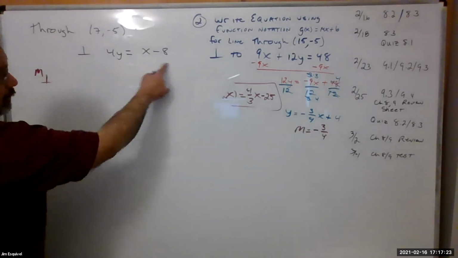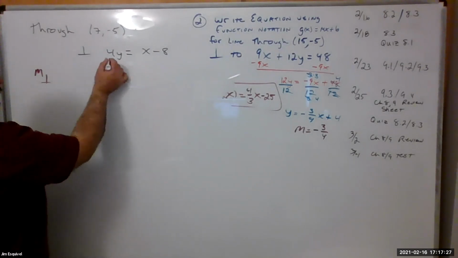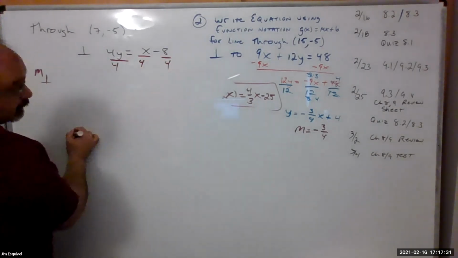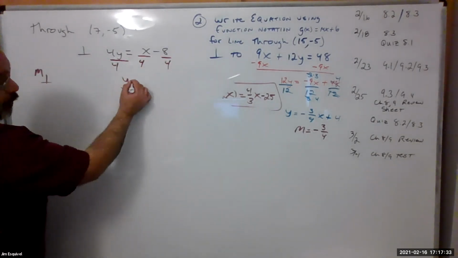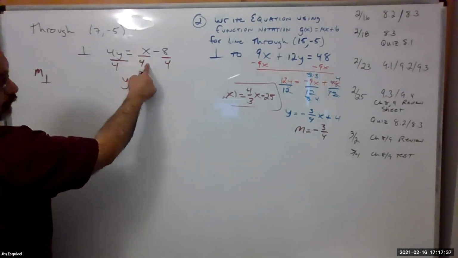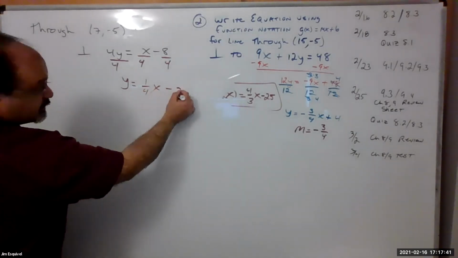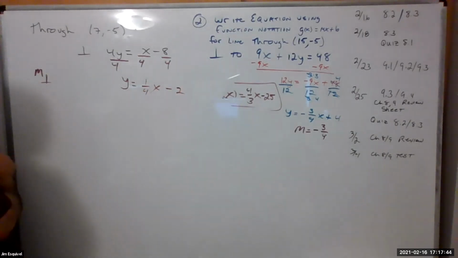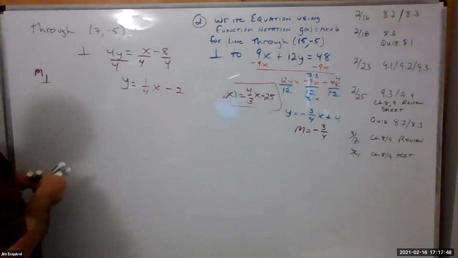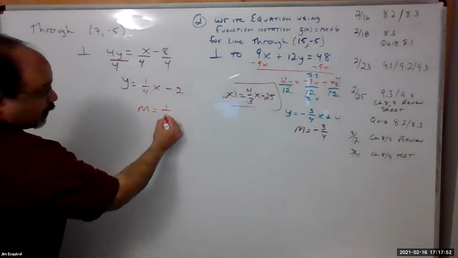So I need to get y by itself over here. To get y by itself, everybody gets divided by 4. So now you have y equals, remember you can write x over 4 as 1/4 x minus 2. So actually this one's not that bad. The slope over here is positive 1/4.